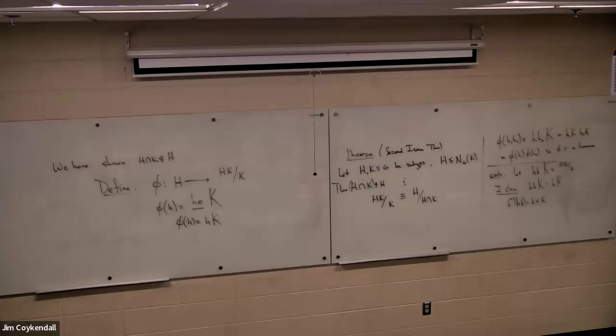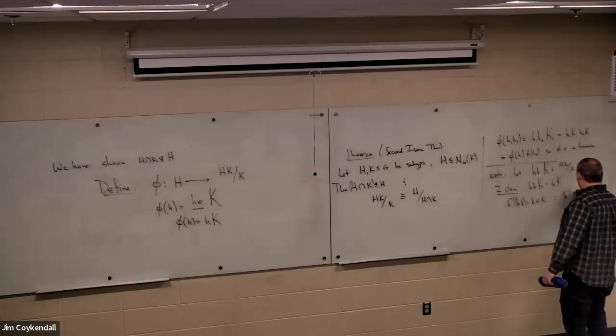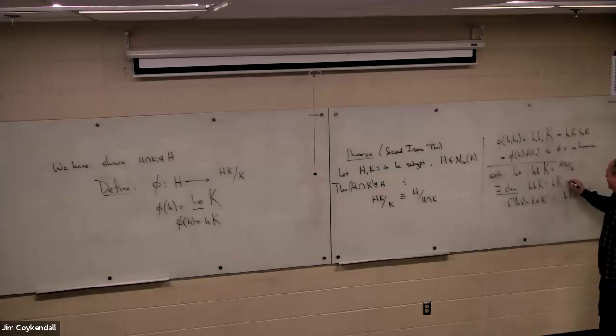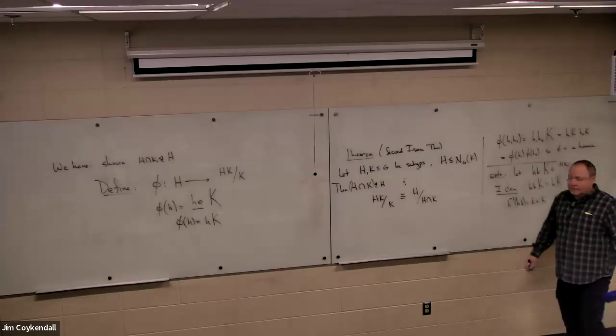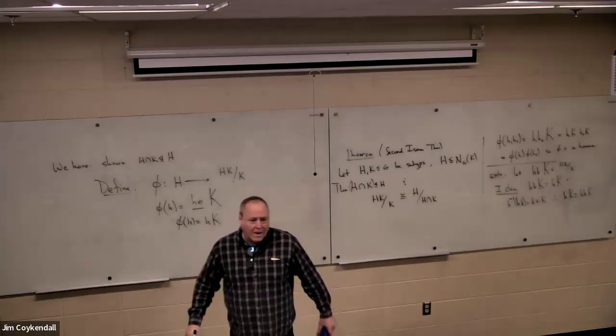H inverse times HK is little k, which is in big K. Therefore, the coset HK equals H little k. So that claim is justified. Everybody okay with that?